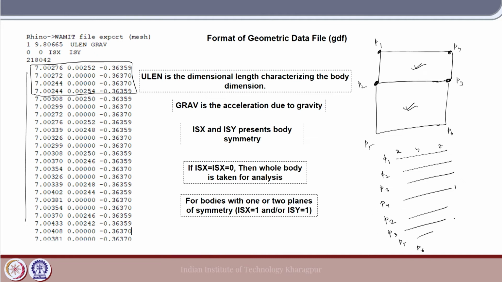So, that means you need to repeat it as many times as it is coming; that many times you have to repeat the whole thing. That is how you need to create your GDF file.